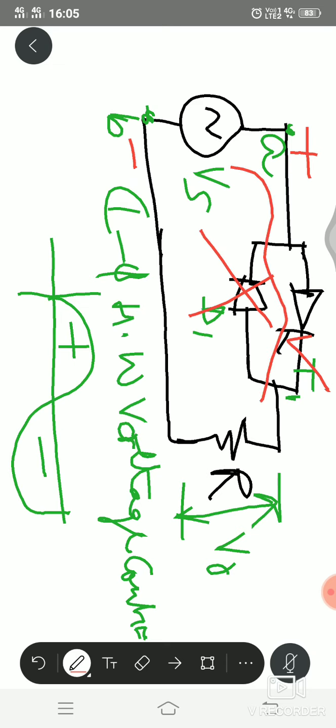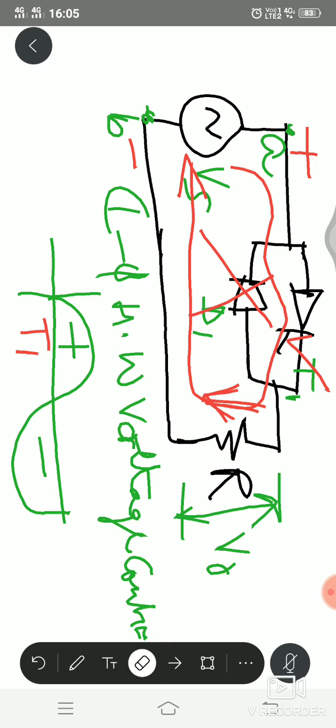So current will be flowing like this. So load current direction through the load is downward. So during this time, T1 is forward biased, and we need to fire T1 during all the positive halves. And now we will be discussing about the negative half.